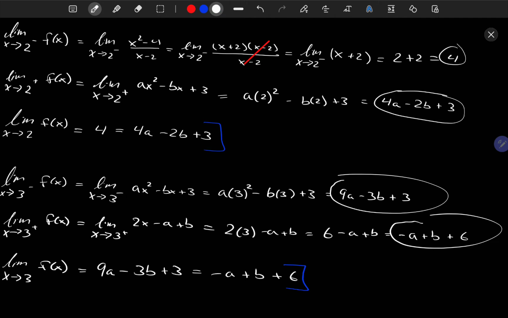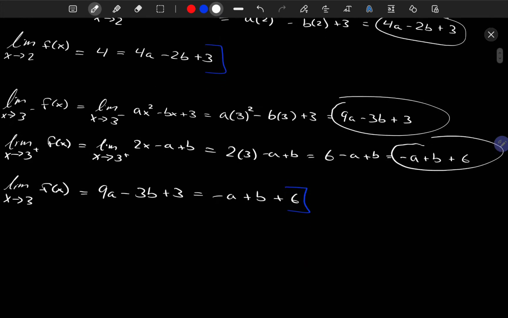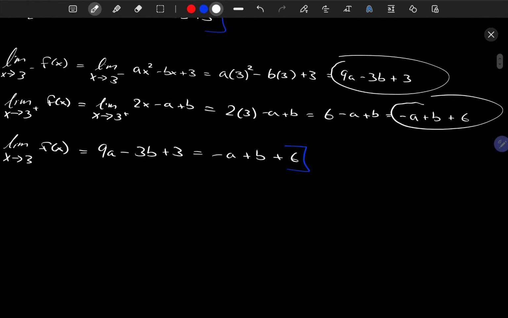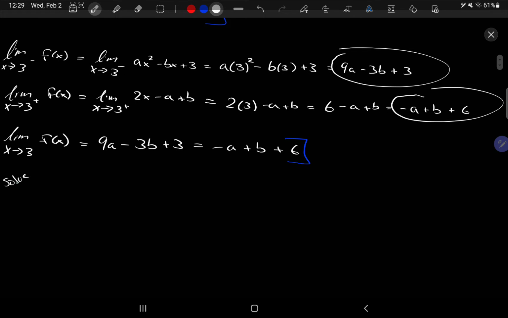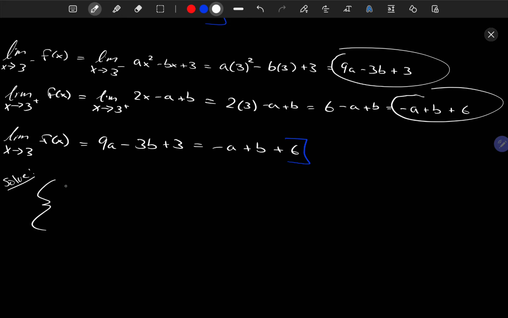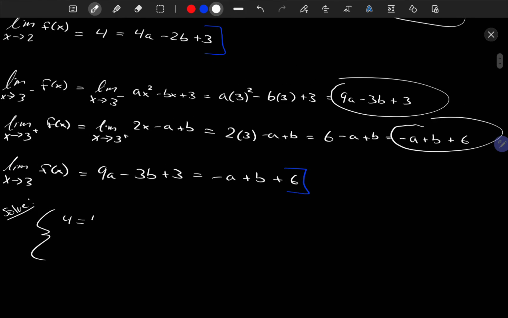Okay, now from here we can do some interesting things. Normally if you have more than 2 or 3 variables, you can solve by doing a system of linear equations. 4 equals, what was it? 4a minus 2b plus 3.